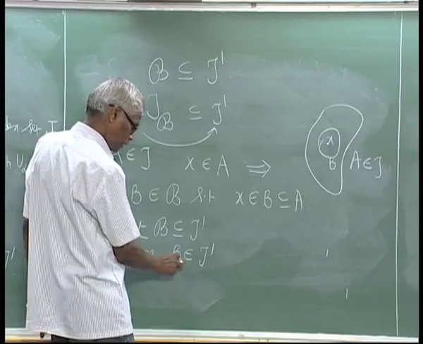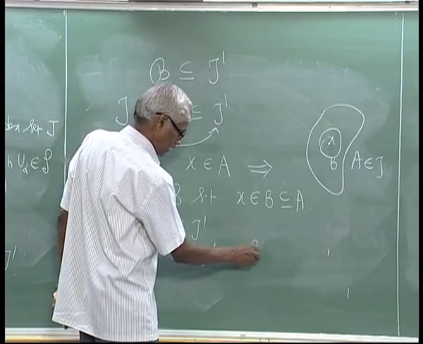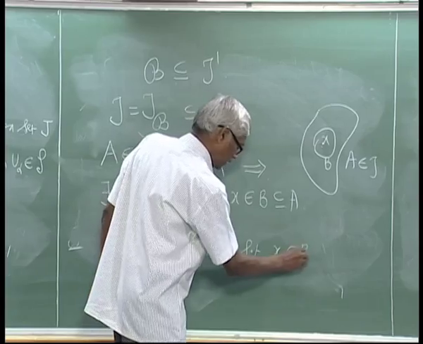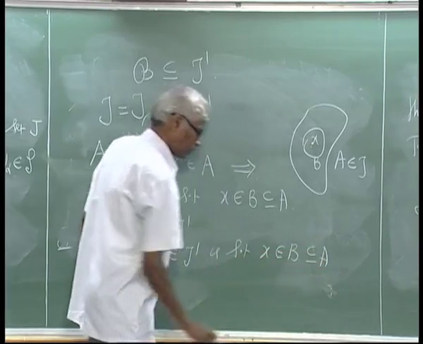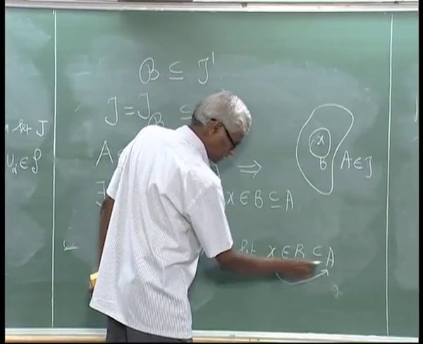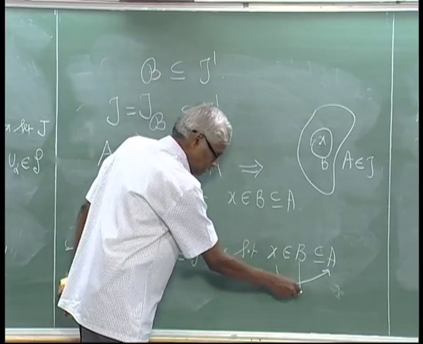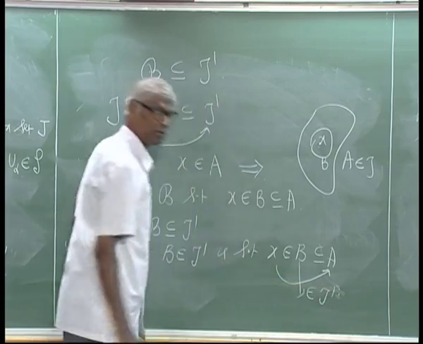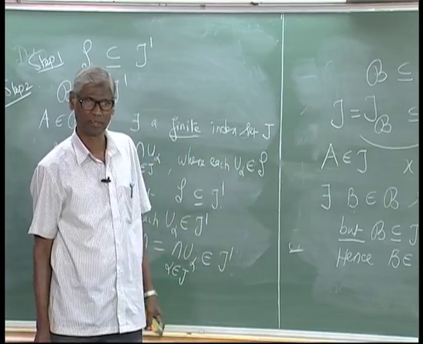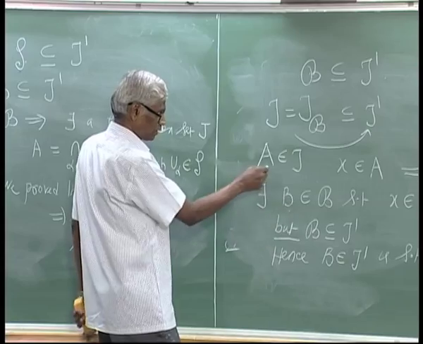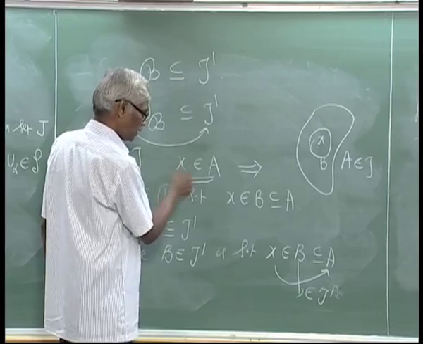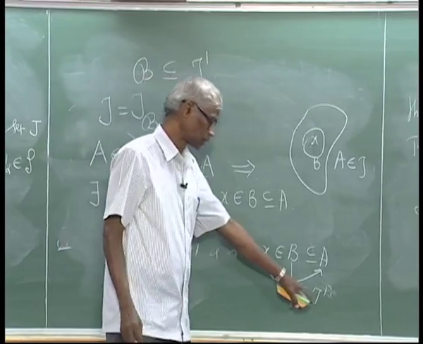So, B belongs to tau prime is such that x belongs to B which is contained in A. So, for a given x in A there exists B from tau prime containing x and contained in A, that means that x is an interior point of A with respect to tau prime.